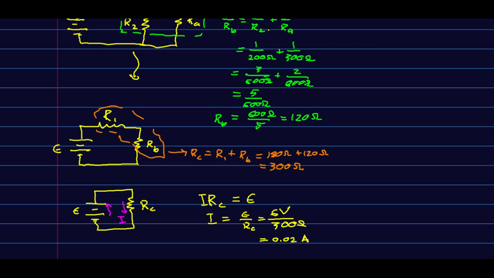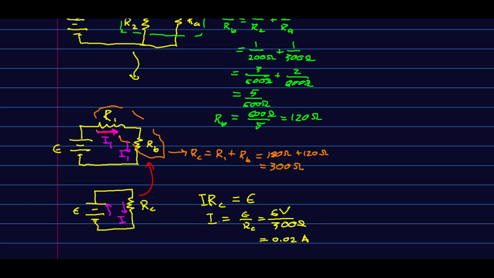Okay, so now you look at what happens climbing back up here. RC breaks into R1 and RB, which are in series, so that same current I flows through each of them, which means we now know I1.